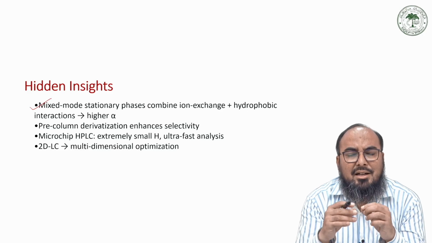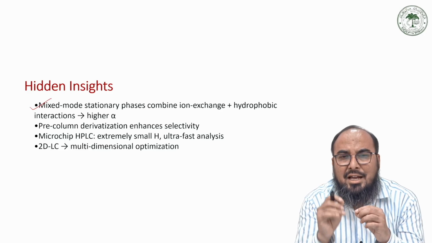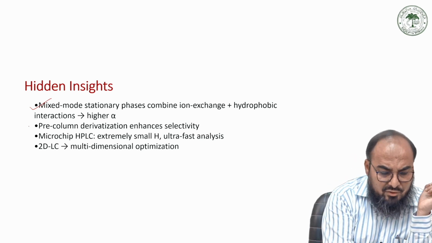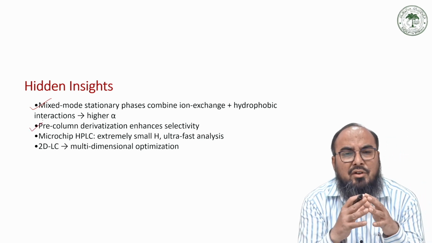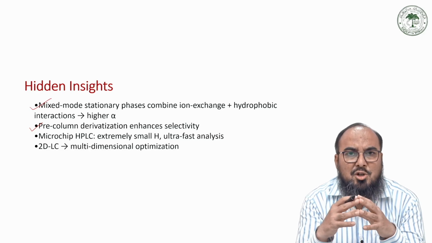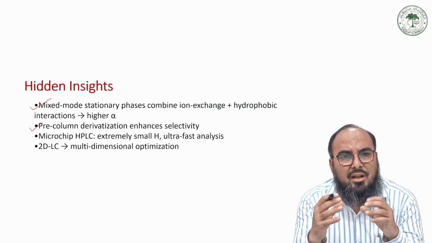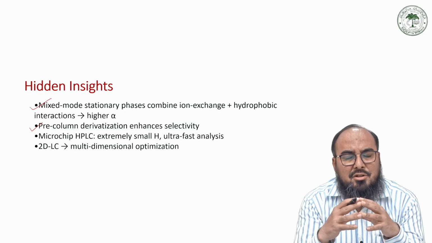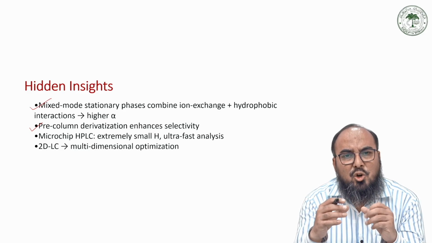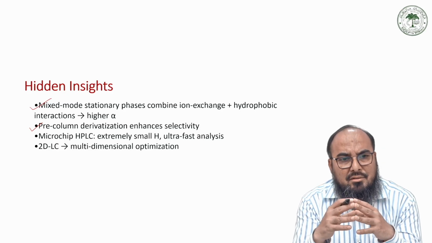You can tailor the retention time of the solute molecules on the basis of derivatization, on the basis of functional group interaction, just by changing certain functional groups. For example, if your solute is amine rich, you can add a certain carboxyl group, and then you have a better interaction with it.